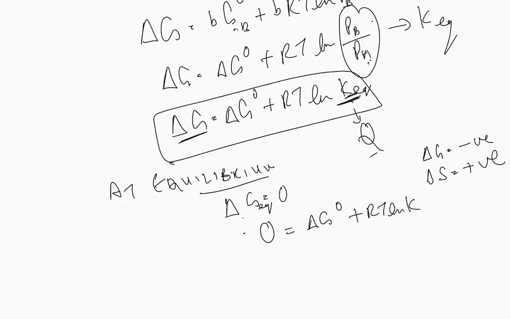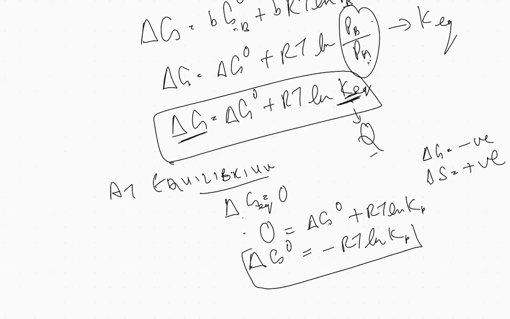Then delta G standard equals minus RT ln K equilibrium, expressed in pressures. Remember this equation. When you watch one of my videos where I do some calculations, I'll be using this equation.